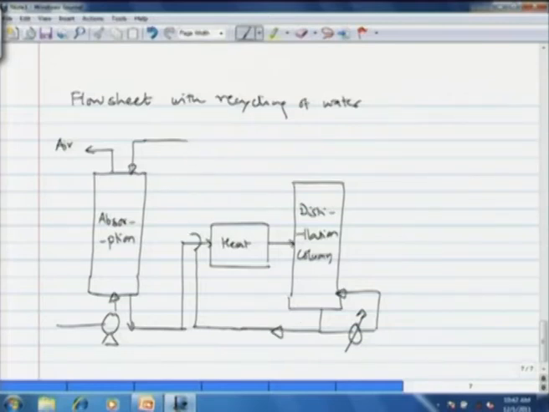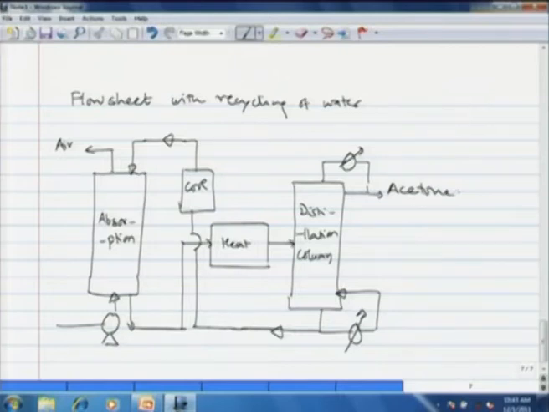Of course, here before putting the water back into the absorber, we have to cool it. Okay. And then pure acetone is recovered from the top of the distillation column. Okay. So, this is how the flow sheet with recycling of water looks like. Now, you can see here that there is no effluent treatment here.